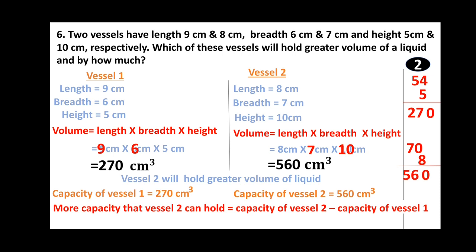Capacity of vessel 2 is 560 centimeter cube minus capacity of vessel 1 is 270 centimeter cube. By doing subtraction, we will get the answer 290 centimeter cube. That is, vessel 2 can hold volume of 290 centimeter cube more liquid than vessel 1.